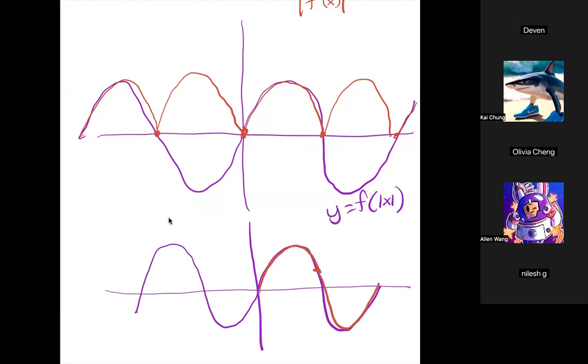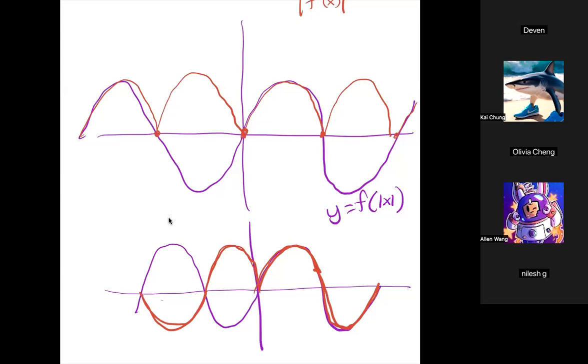But I can equally do the same thing on the negative side, meaning you're mirroring everything on the positive side to be the same on the negative side. So this piece is totally gone, the purple, and instead I'm creating what looks like an even function. So your new graph, when you do the absolute value in x, should be symmetric across the y-axis.